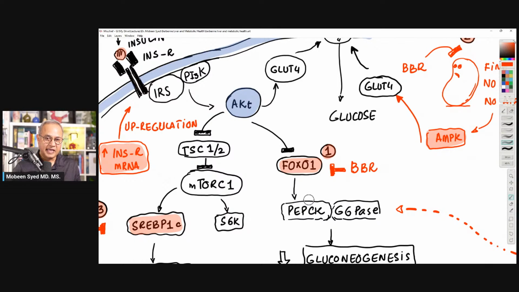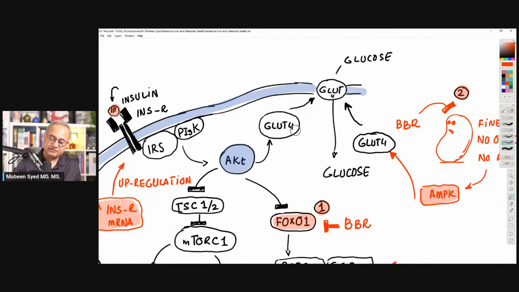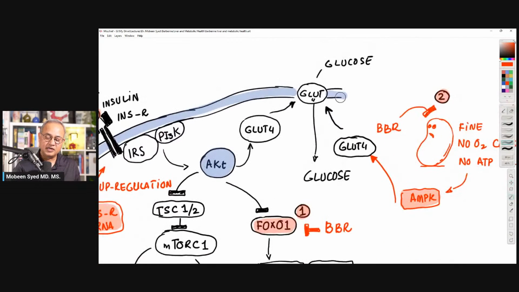When AKT is activated, it brings more GLUT to the surface, which berberine does too, through the AMPK pathway. More GLUT at the surface means more glucose coming into the cell. That's what insulin wants: the cell to take up glucose.